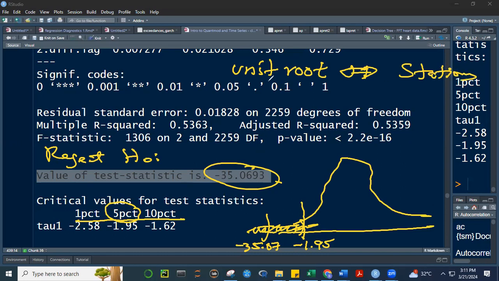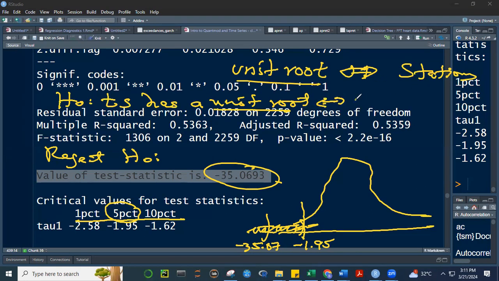If a time series has a unit root, it means that it's not stationary. So the null hypothesis here is that the time series has a unit root. Once again, if it has a unit root, it means it's not stationary.